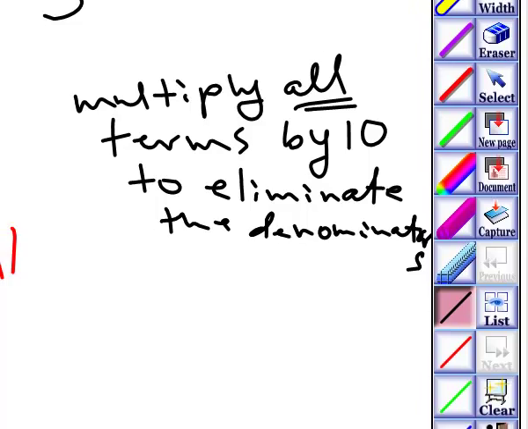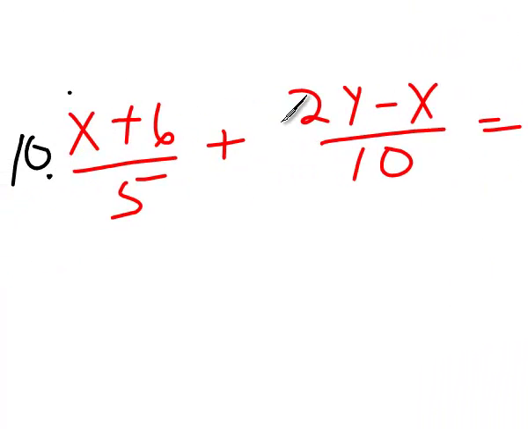When you do that, you want to put parentheses around the numerator. You have to multiply everything times 10, whether it has a denominator in it or not.